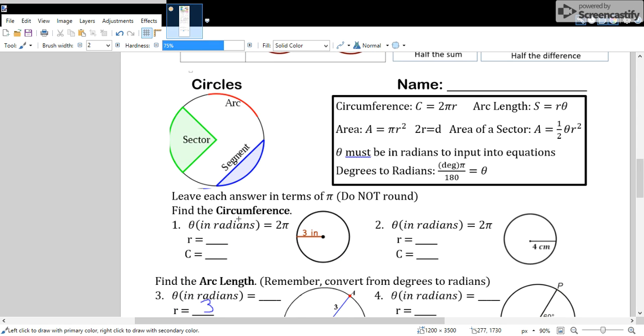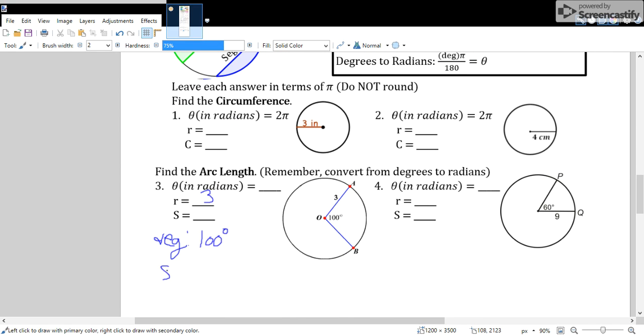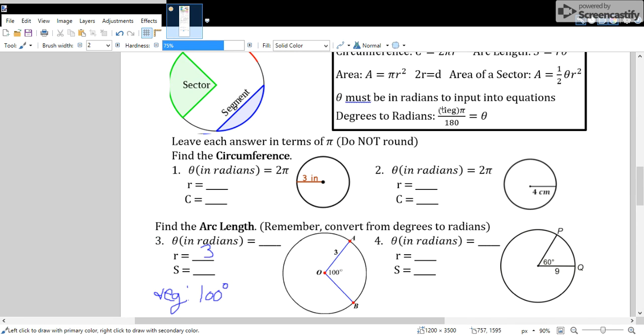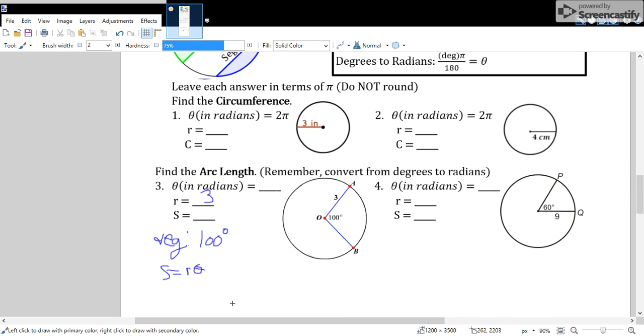So, we're going to use the equation S equals R theta. So let's change this from degrees to radians. So let's look at this equation. So we have 100 times pi divided by 180 equals whatever theta is going to be.